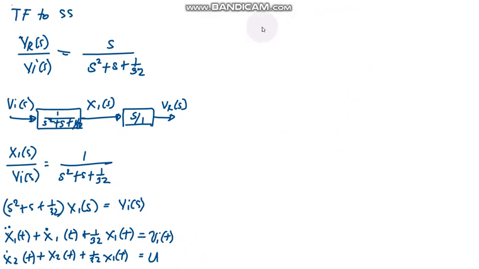So we express now our equation, the x2 dot, now dropping the t for a simplified format. So x2 dot will now be equal to negative 1 over 32 x1 minus x2 plus u.